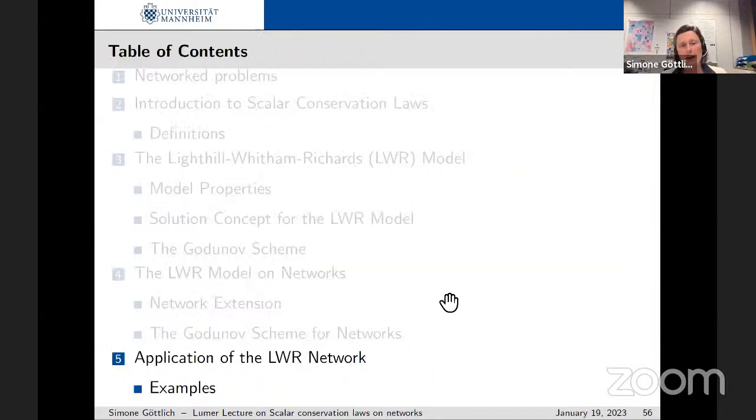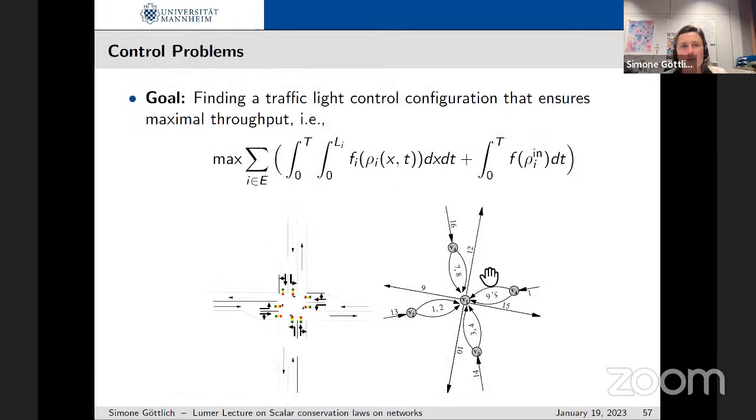So finally, what are applications of this kind of network model? For example, control problems are very popular in the case that we consider some LWR network dynamics.